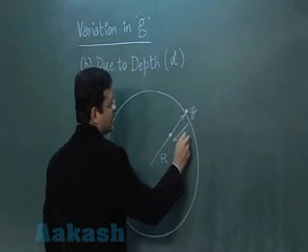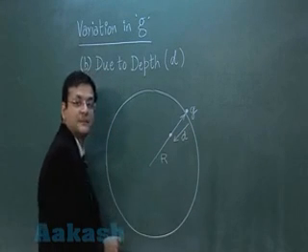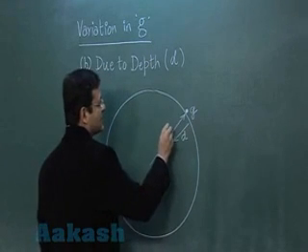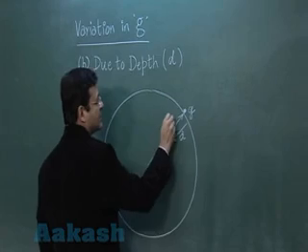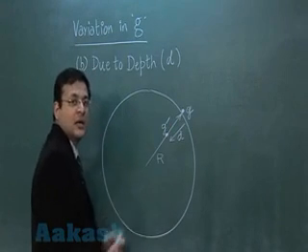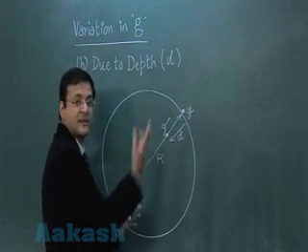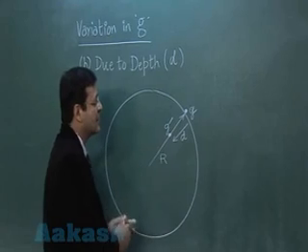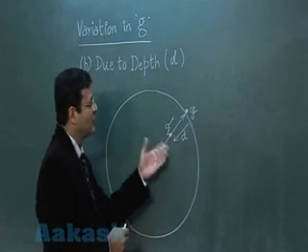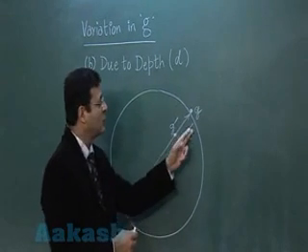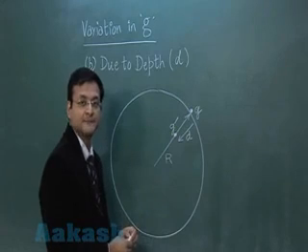Assume that the acceleration due to gravity at this point is g dash, the new value of acceleration due to gravity when you are at a depth small d.